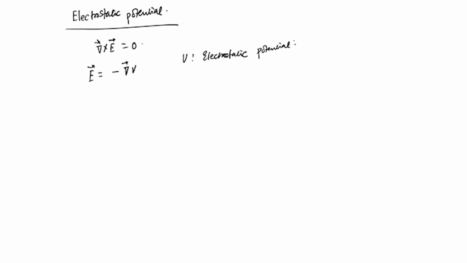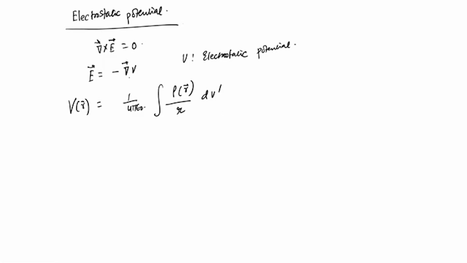And just like the electric field, the electric potential has a form which is 1 by 4 pi epsilon 0, we have rho of r prime, and there is a root r, and then there is a dv prime. Do not confuse the v, which is a potential, with the dv that we talk about here, which is the volume element. Okay.